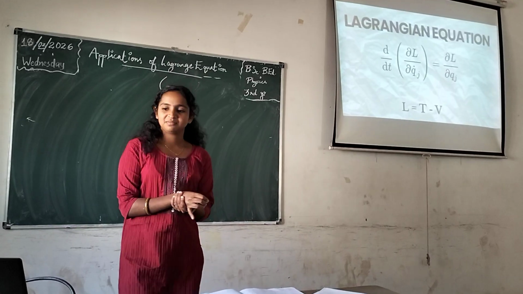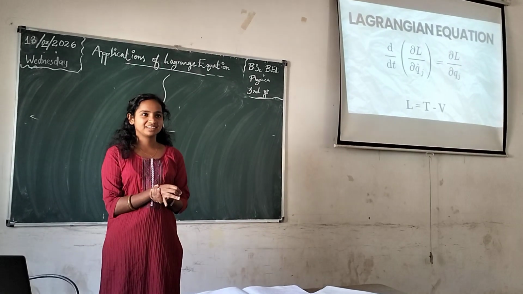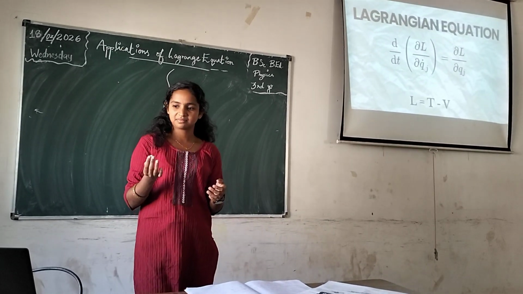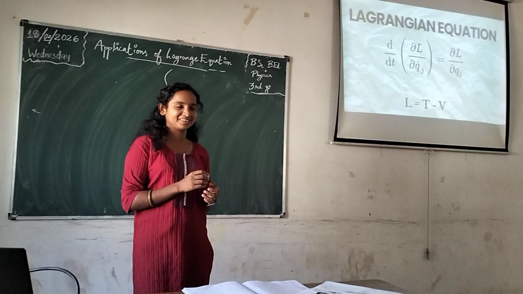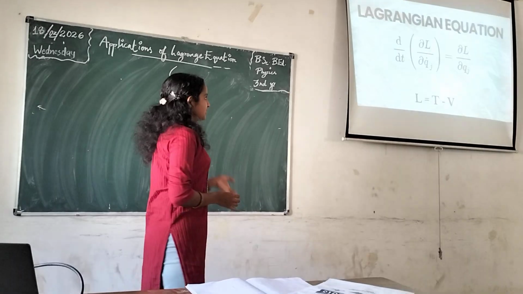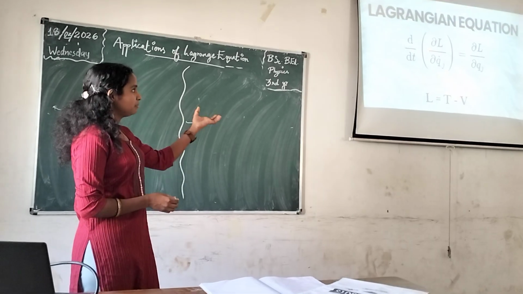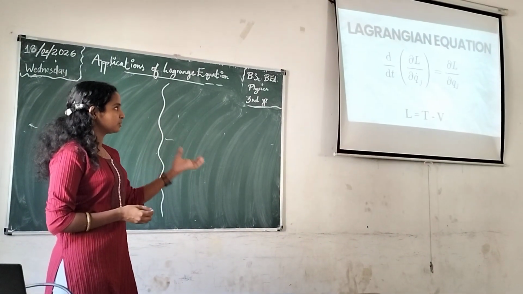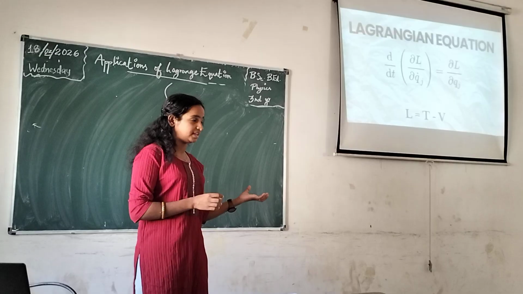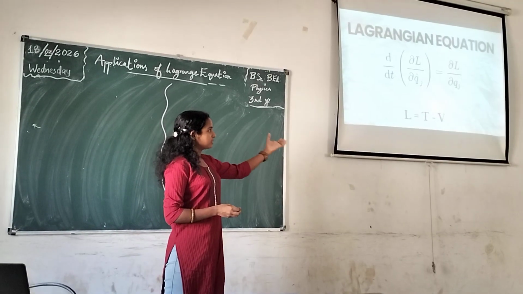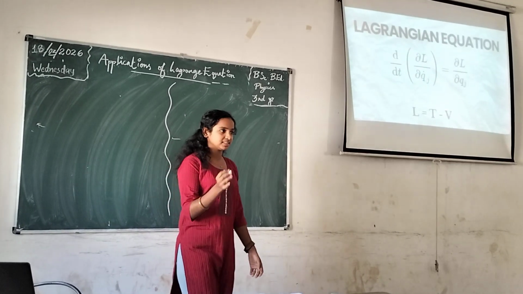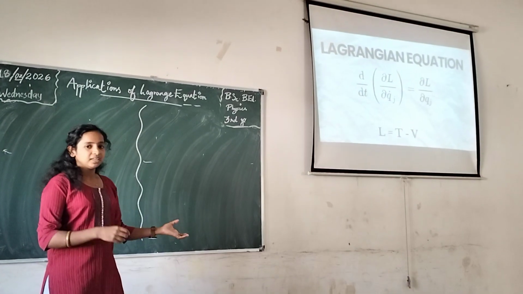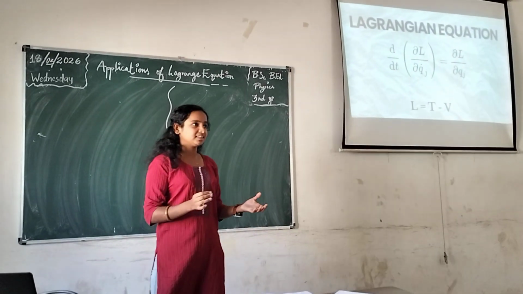Yes, it is d by dt of ∂L/∂q̇_j minus ∂L/∂q_j equal to 0, where q is the generalized coordinate, and we can find L by using the equation T minus V, where T is kinetic energy and V is potential energy. So we will be using this in various systems.